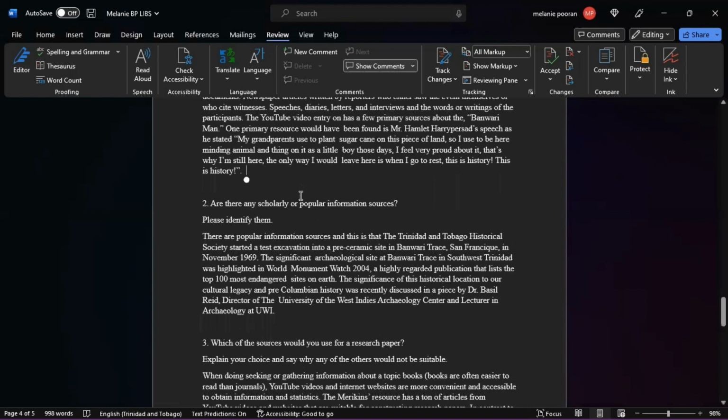Okay, nice. Are there any scholarly or popular information sources? If so, please identify them. There are scholarly and popular information sources. And this is in Trinidad and Tobago's Historical Society, as they started an excavation into a pre-ceramic site at Banwari Trace in San Francisco in November 1969.